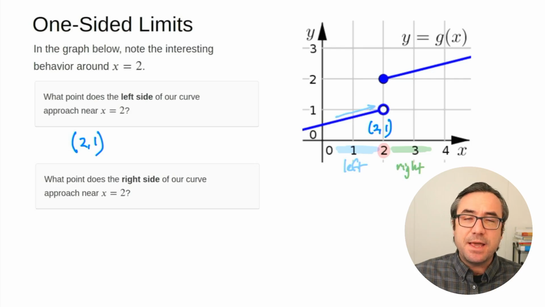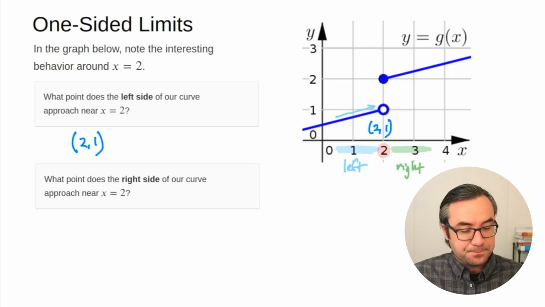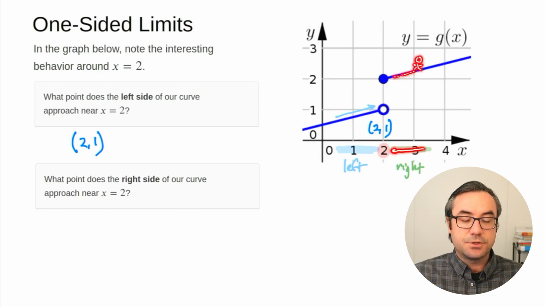Now, if we play that same game on the right side, now we're standing on the other side of our curve. So we find x equals 2. We go a little bit to the right. And now we're standing over here. And we're going to walk closer and closer to x equals 2. So we're moving closer and closer along the curve this way.